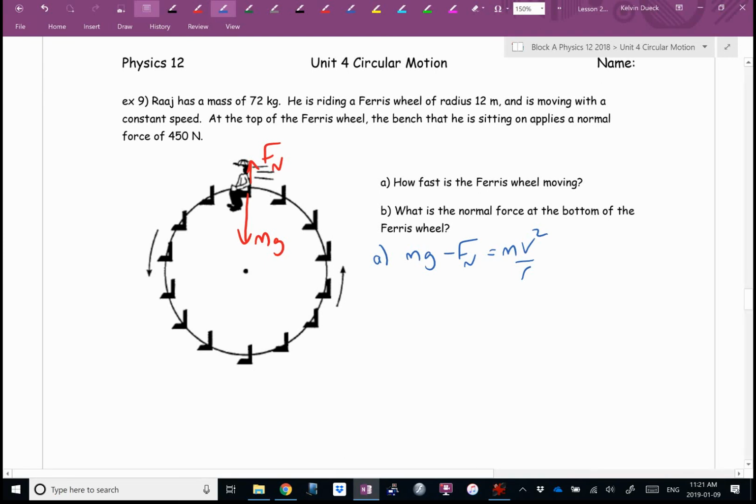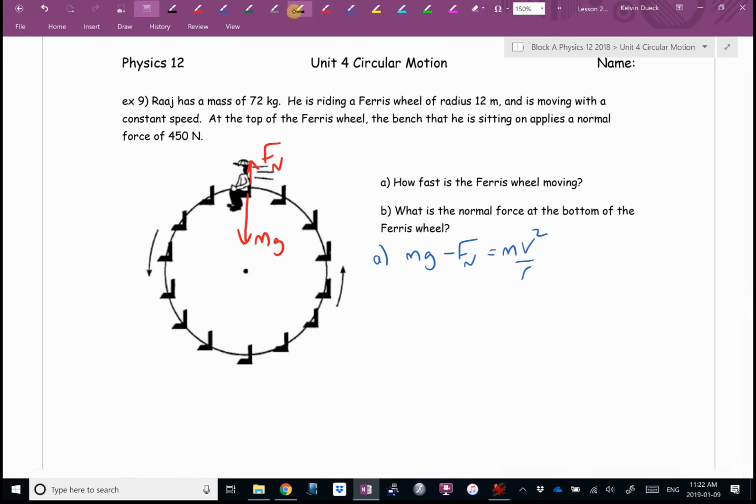This is right around where getting the v by itself is a pain. To get the v by itself, I would multiply everything by r and divide everything by m. M doesn't cancel because there isn't an m in the normal force, and then square root. I think what I'm going to do instead is get the left-hand side as an answer. I'm going to plug in numbers on the left-hand side right now.